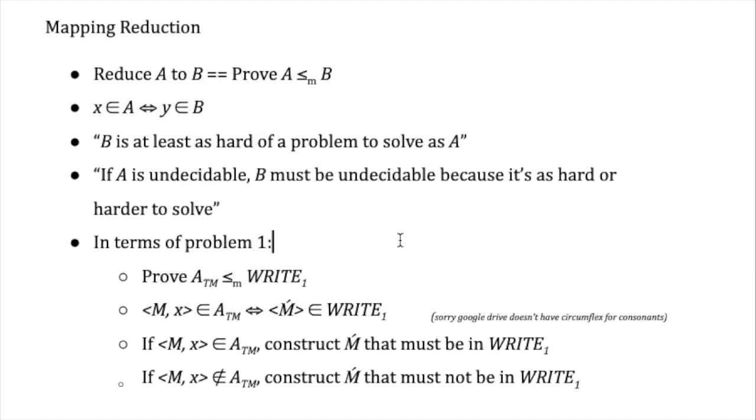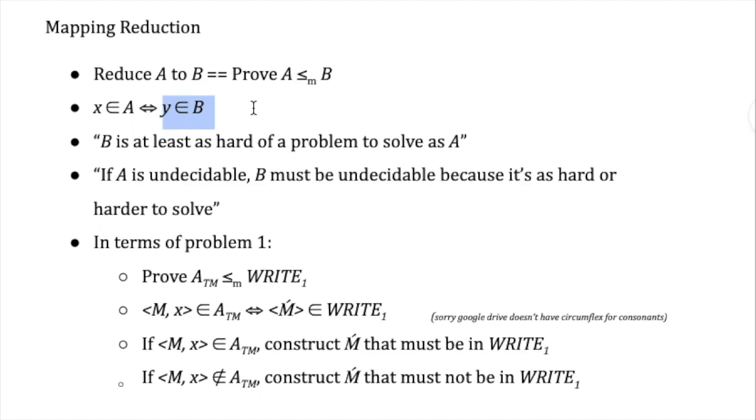So just to review, a mapping reduction is like a function that takes in an input and outputs an output, and if the input is in the initial language, then the output has to be in the output language. And if the input is not in the initial language, then the output must not be in the output language.